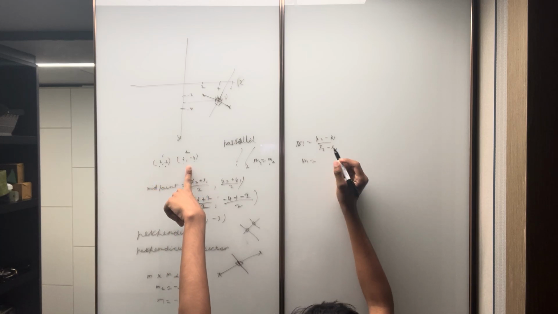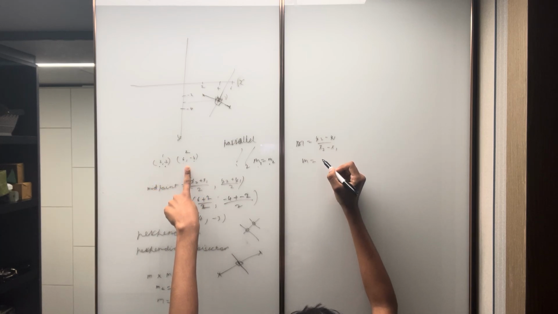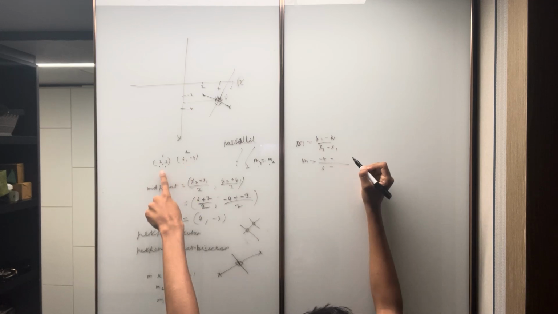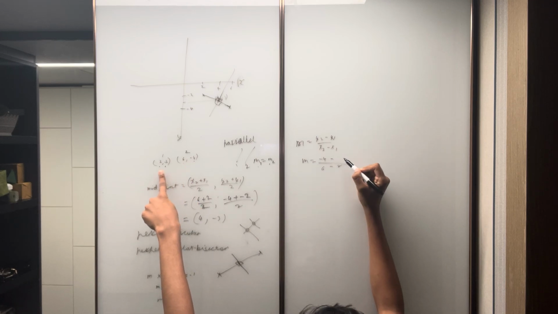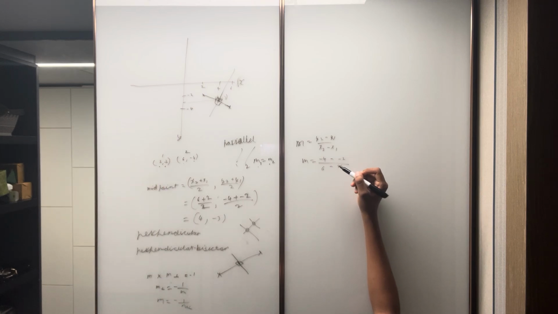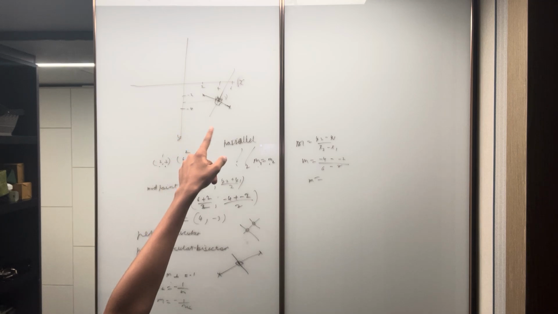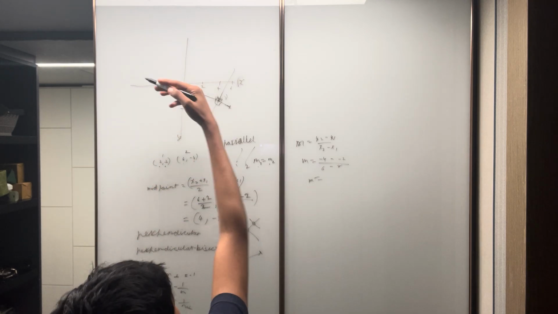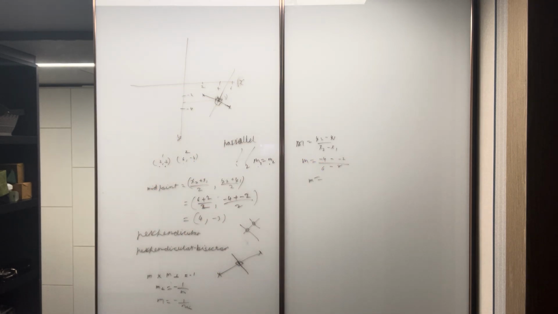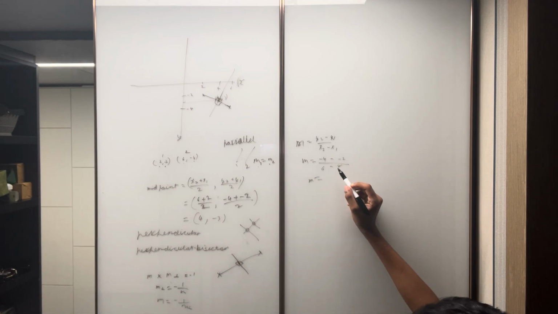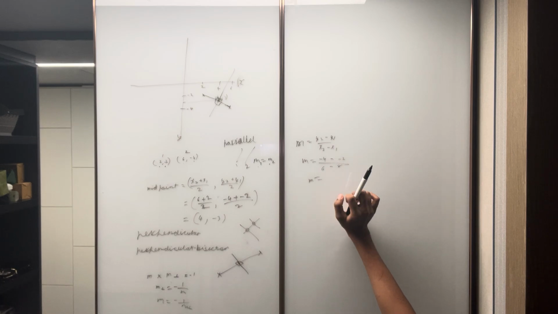Let's take this as y2 and x2. So -4 upon 6 minus 2. This is going to be a negative gradient. I'm already seeing it, because it's going like this, not like this.